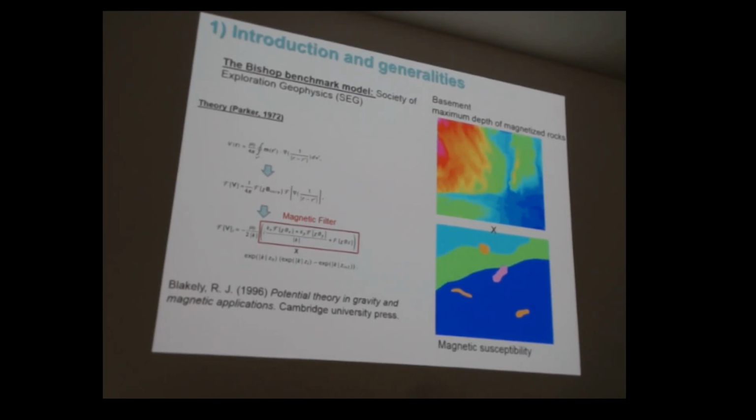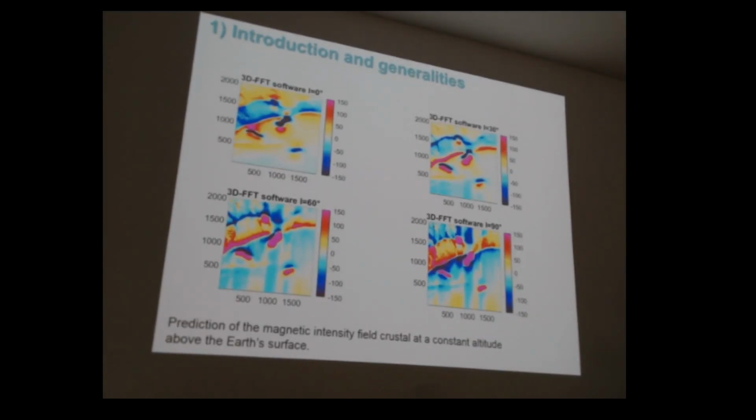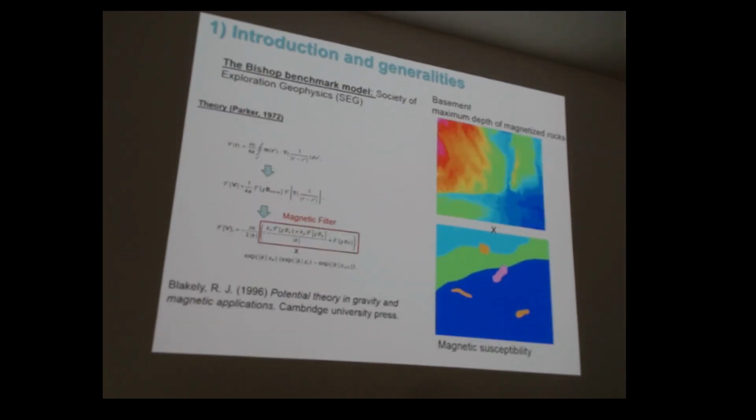And what you get is a vertical direction field, inclination 0. Top is the basement, so it will be equivalent to this, and then you just draw topography at the bottom, where you have magnetization here and zero here.